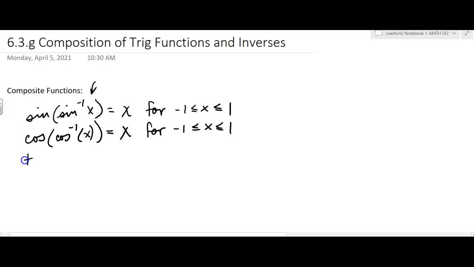And then tangent, okay, but remember for an inverse tangent, you can have any real number. So x is between -infinity and infinity. Okay? All right. So that was that part.